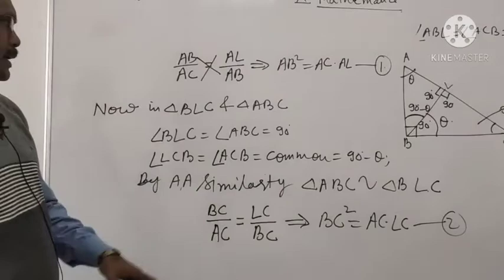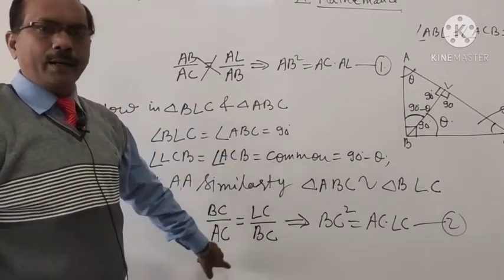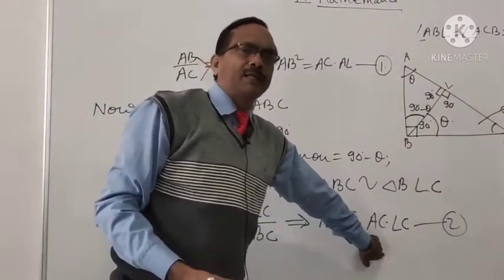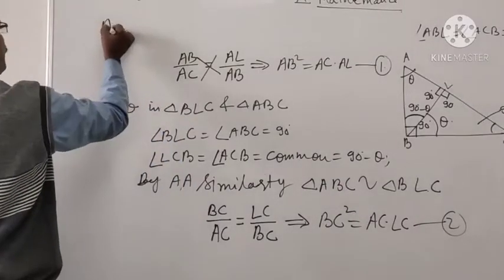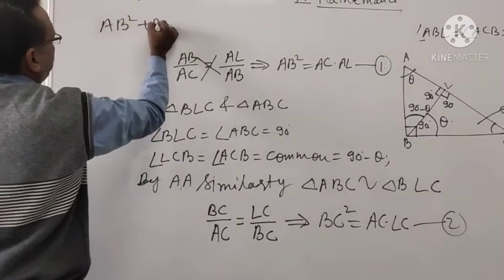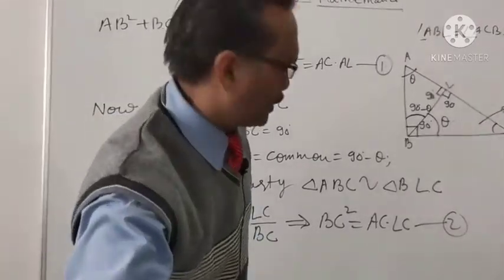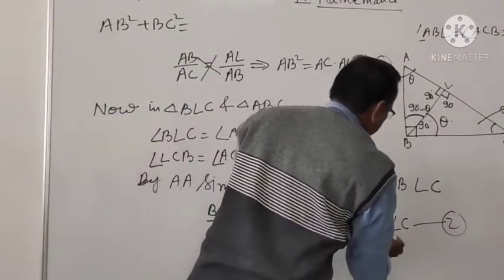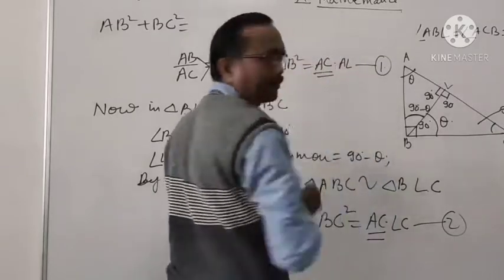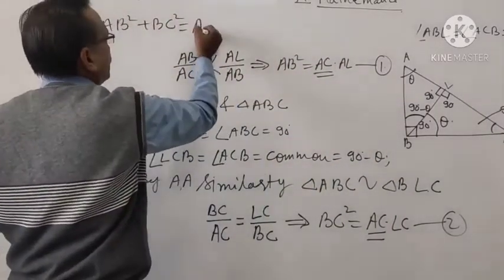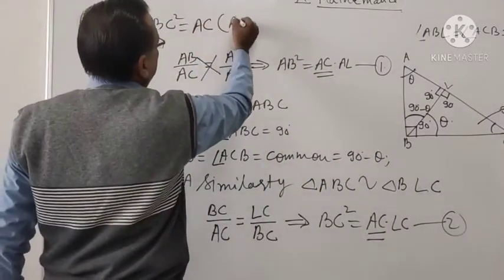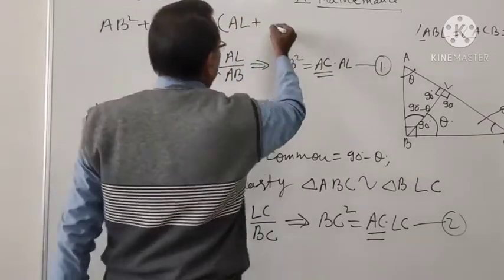Student, we will get AB square plus BC square on the left hand side. And on the right hand side, student, you can observe that AC is common, so we get AC into AL plus LC.